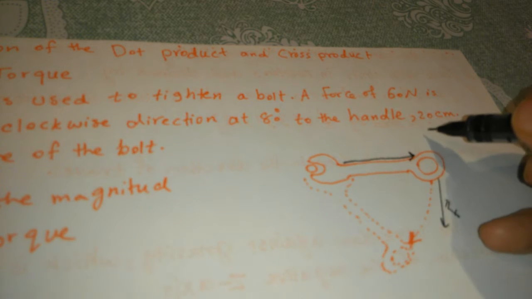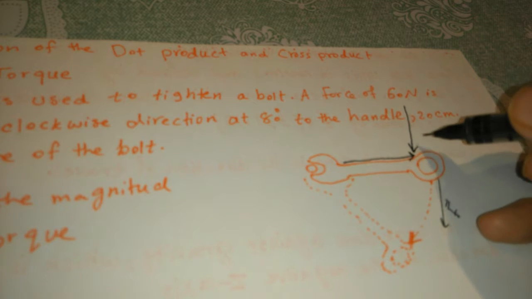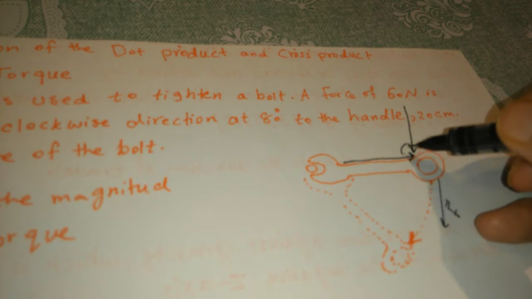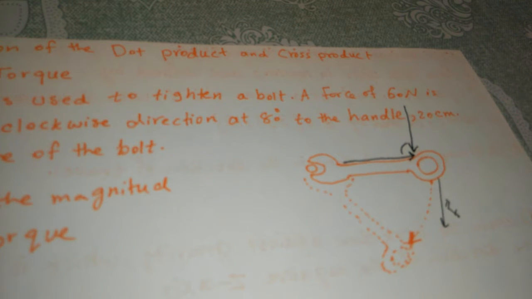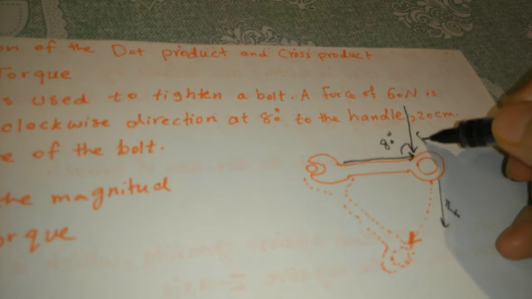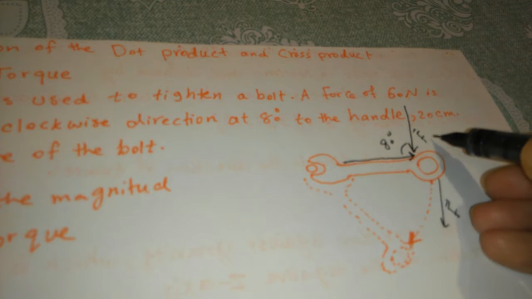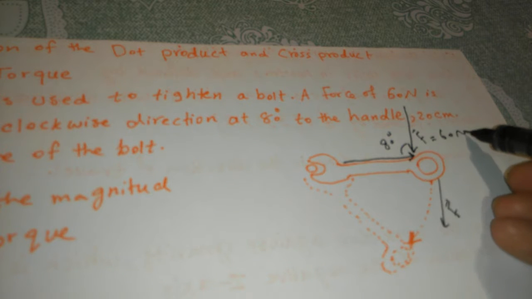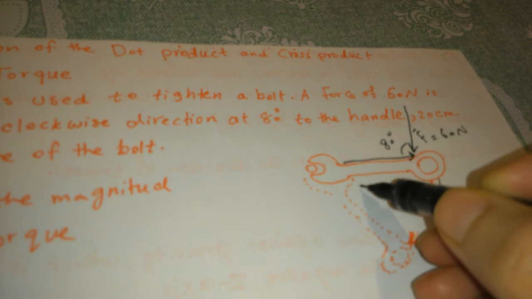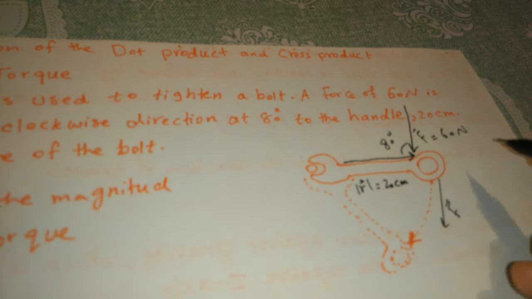Again, the force is applied this way, and the angle between the force and the handle is going to be 80 degrees. The force is 60 Newton, and r is 20 centimeter.